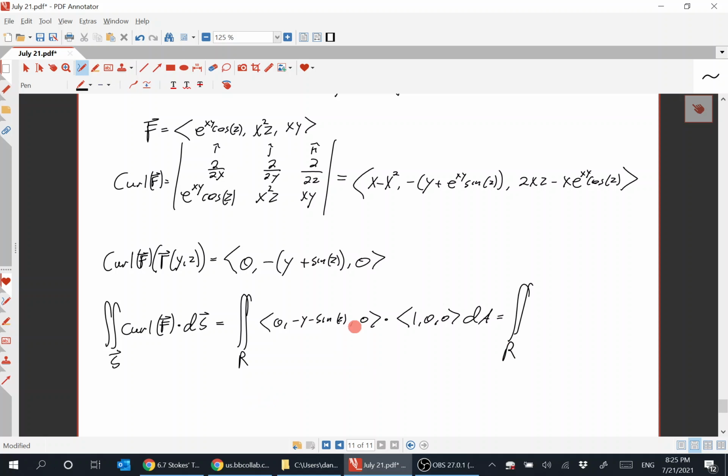So it's a double integral over R of 0 dA, which is just 0. All right, so the curl is not 0, so that's not a conservative vector field. For a conservative vector field, the curl is 0. It just happens to be that the flux across that surface is 0. Okay, so a lot of calculation, but no integral in the end.